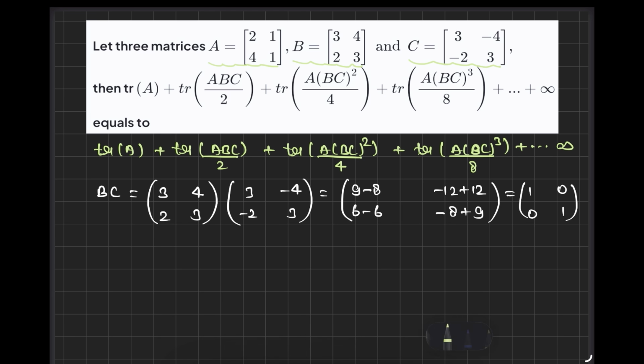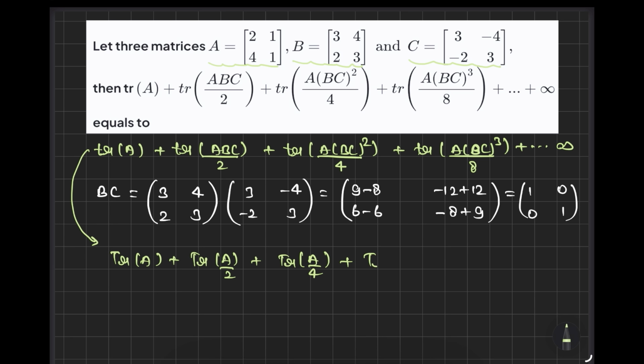So can we update this thing as writing trace of A plus trace of A by 2 plus trace of A by 4 plus trace of A by 8 and dot dot dot.